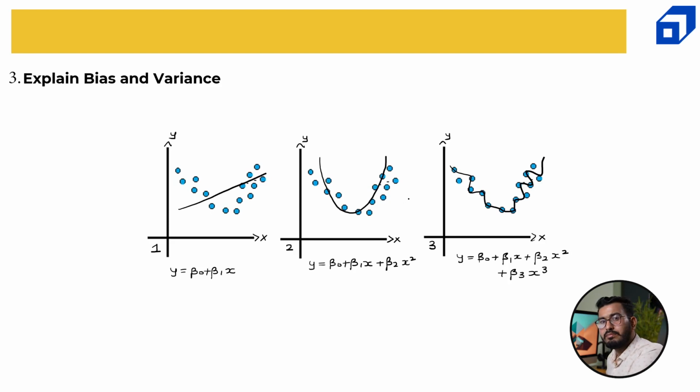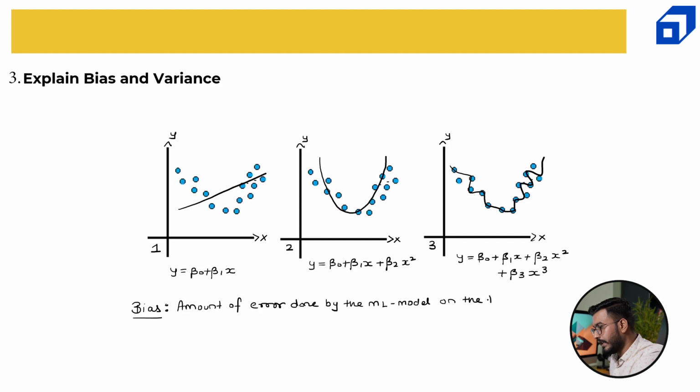Now it is very simple to understand bias and variance. The term bias defines the amount of error that a machine learning model will commit on the trained data. Amount of error done by the ML model on the trained data.